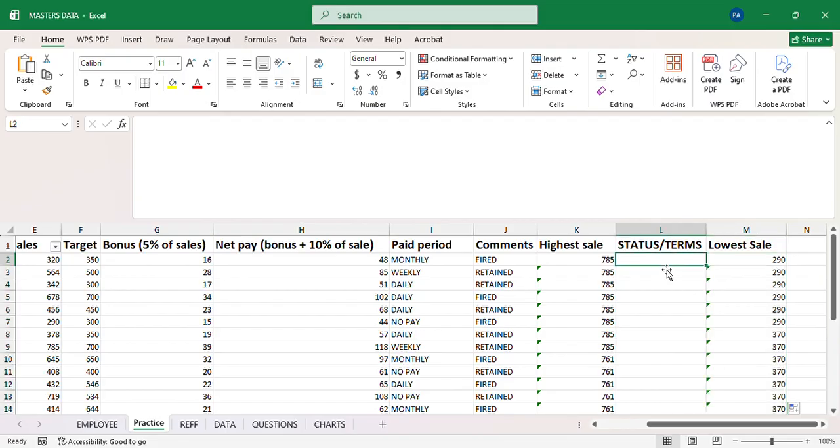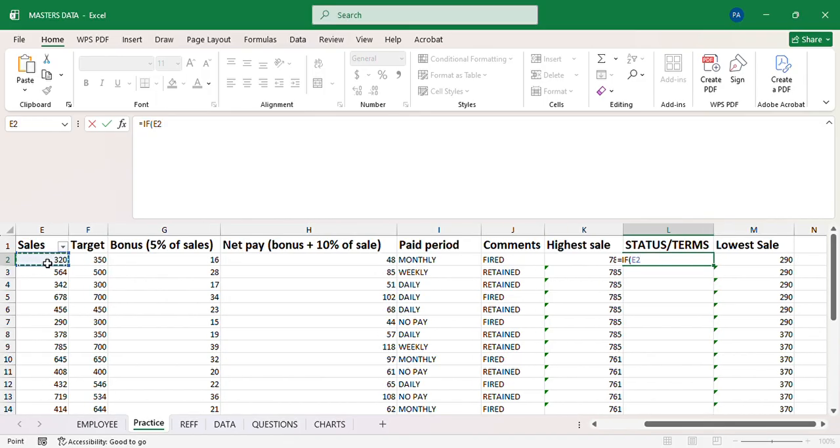Now, we want to know the status or the terms. We are going to say, if this person has sold so well, we are going to pay. Or otherwise, we are not going to pay this person. So what do we do? We're going to say equal sign IF, if the sale is less or equal to the target, we are going to pay this person.